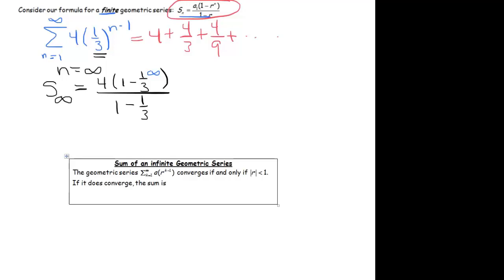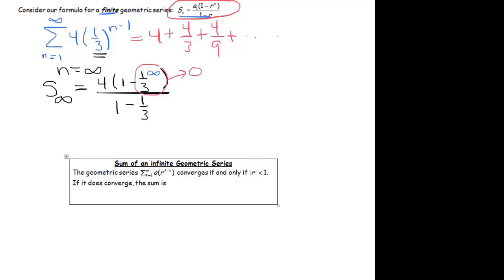This is where you can really think about what's happening. According to the formula, what's going to happen to this 1/3 to the infinity? Remember, that means multiplying 1/3 times 1/3 times 1/3, an infinite number of times. What does that number start to go towards? You should see that it starts to go to 0.